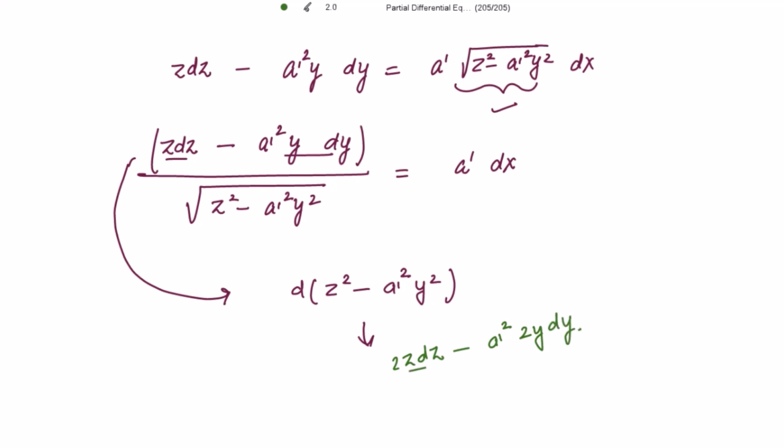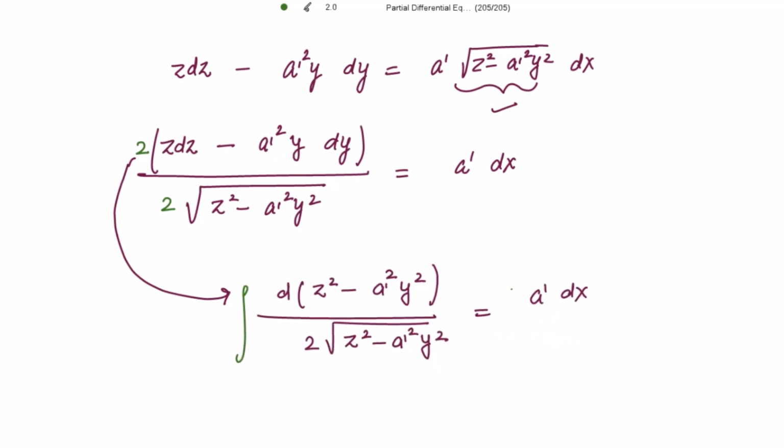I am already having z dz and y dy, right? And also a dash square is multiplied with this. What extra I need? I need to have 2 multiplied with them. So let me multiply and divide by 2 first, and then I write this numerator to be this.